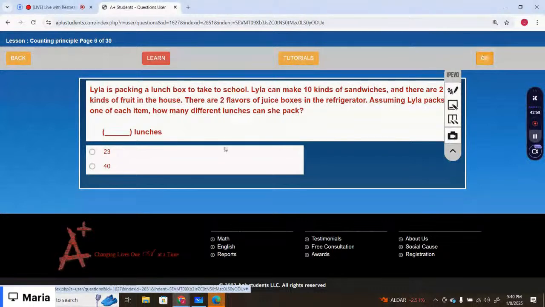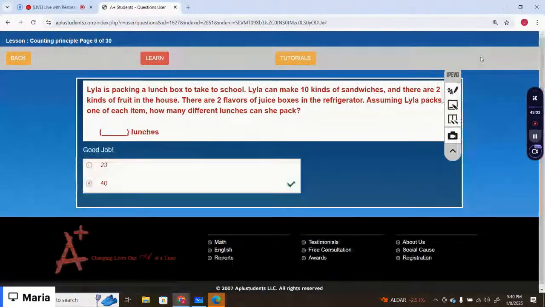That is 10 times 2 is 20, and 20 times 2 is 40. Option number 3 is the correct option.